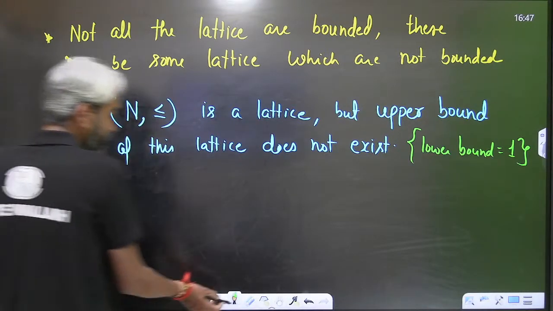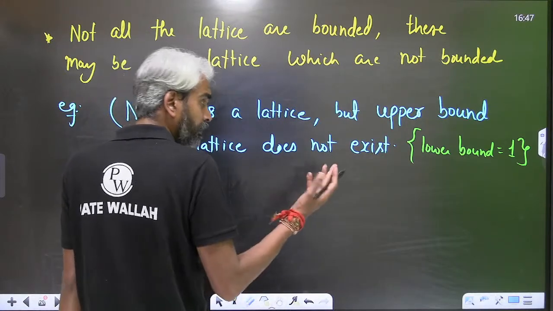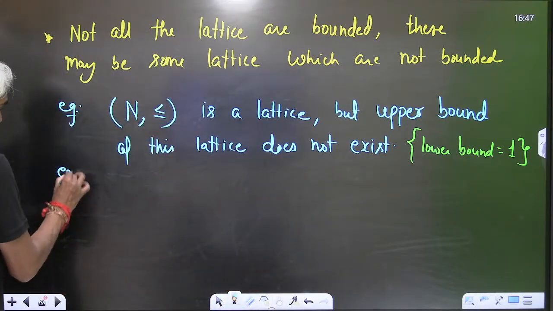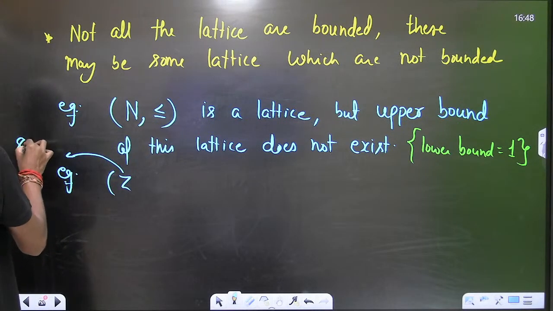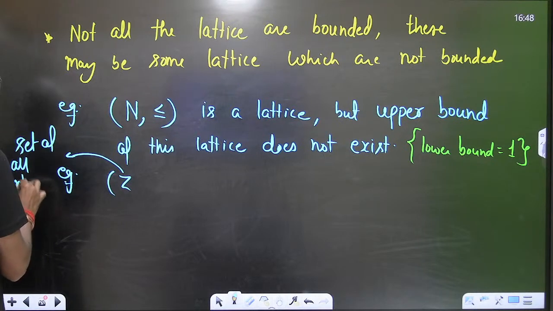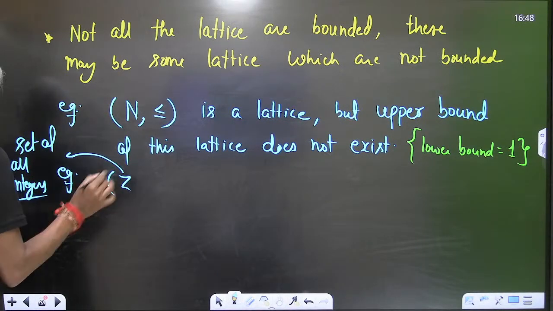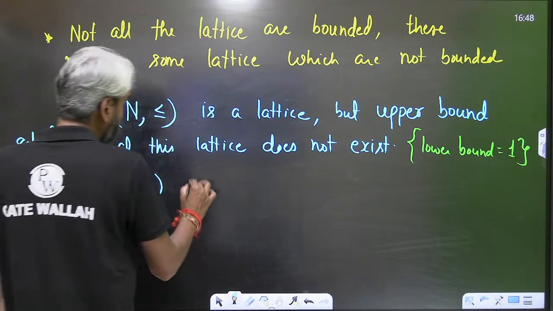Similarly, sir, you may say that one will exist and another will not exist. No, it is not the case. Let's look at this example. If I take the set of all integers, positive as well as negative, with respect to less than or equal to, then it is a lattice.